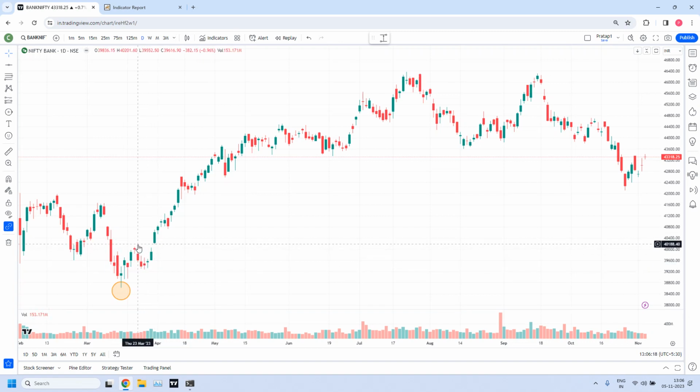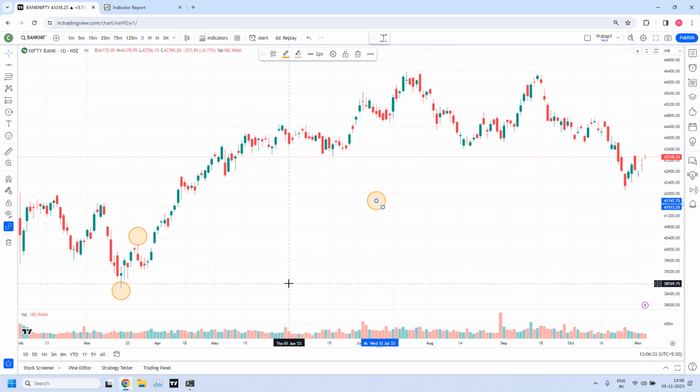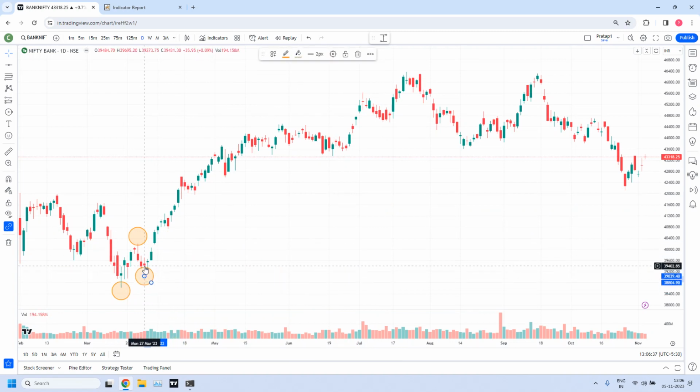So we can confirm this is the end of the swing. This is the swing high now. We got a new swing high. Because from this high there is a sufficient down, we can confirm on this candle there is a swing low. That is on 27th March.